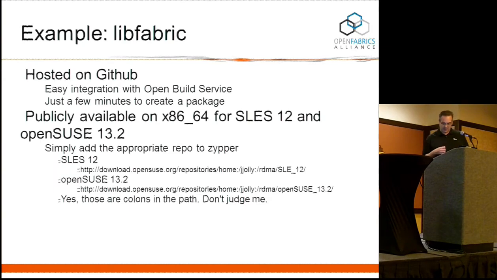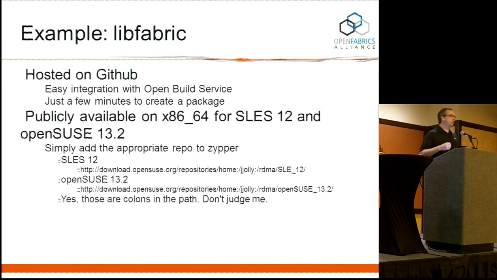Let me give you an example of something we're doing. After hearing Monday's talks regarding the libfabric library, I figured I'd take a look at this and see what I could do. I took the link to the GitHub library and created a very small package under our Open Build Service. And it built.